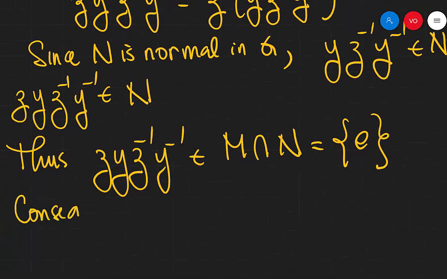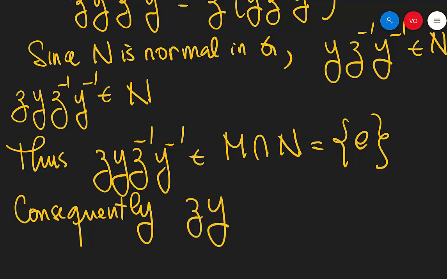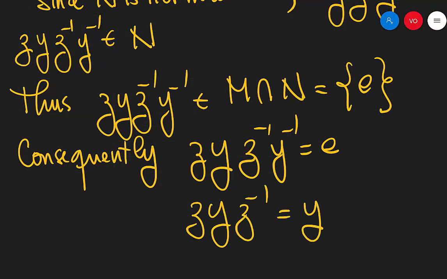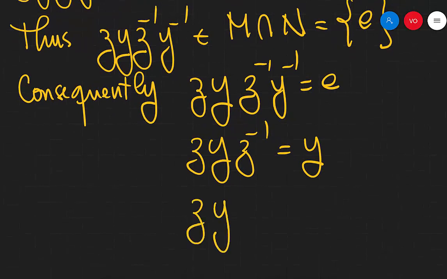Consequently, z y z inverse y inverse has to be the identity, which shows that z y z inverse has to be y, and z y has to be y z.